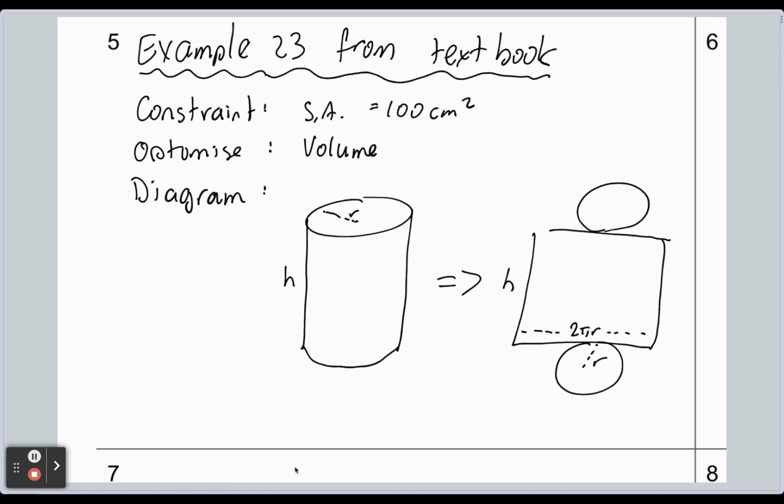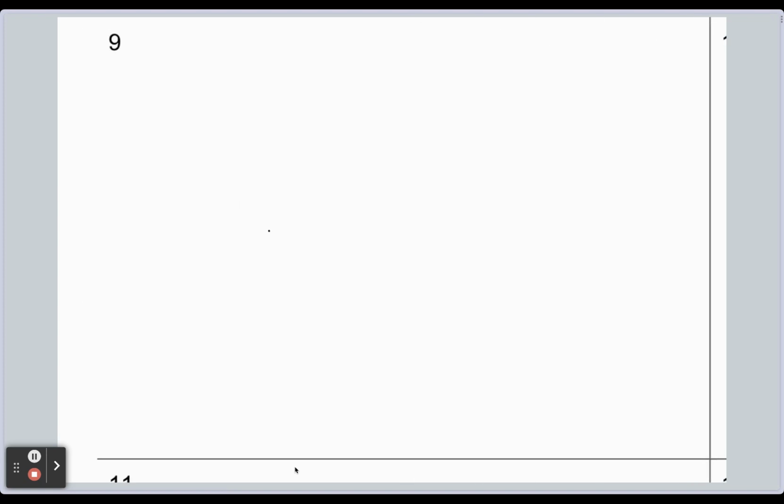It doesn't matter where you start, but looking ahead, the constraint almost always allows you to take the two variables that you might have in the equation and eliminate one of them. So in this case, we've got height and radius, and we are going to make radius the independent variable.